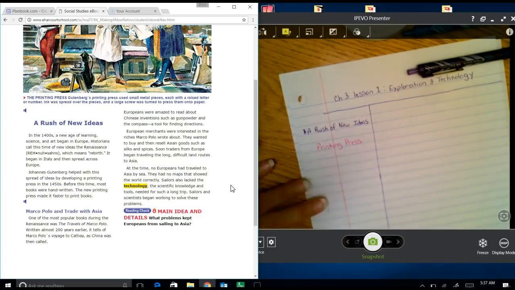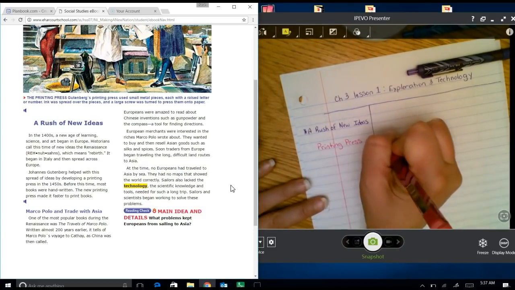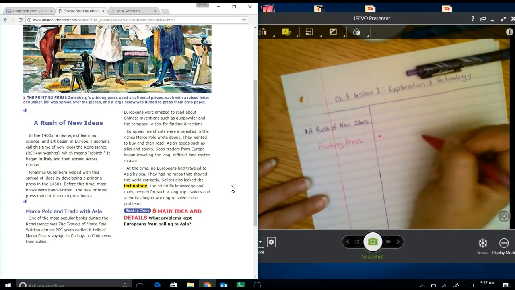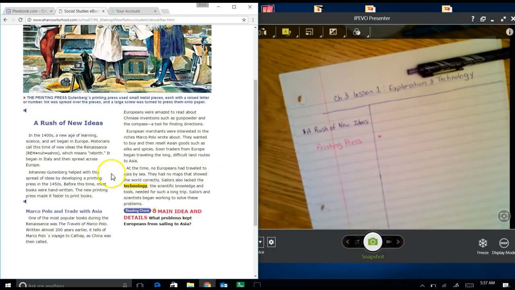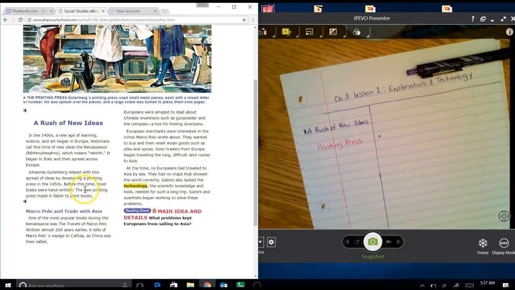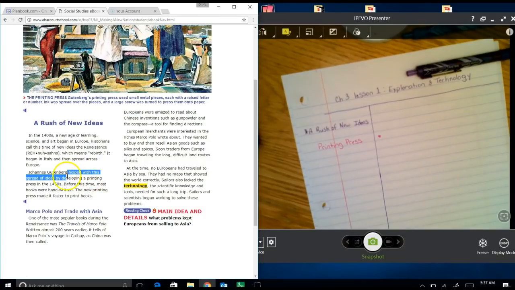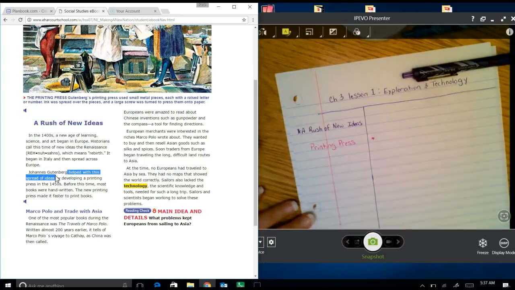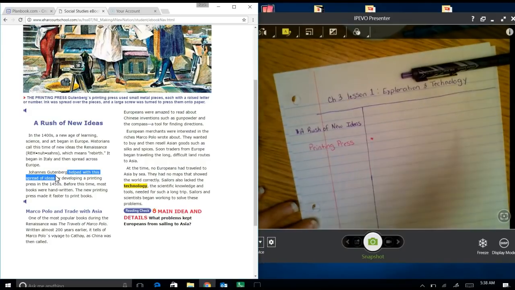So printing press, and why am I going to write about the printing press? I think the printing press is important because, as you can see right here, it helped with the spread of new ideas. This allowed people to tell each other what they were doing and why they were doing things, okay?